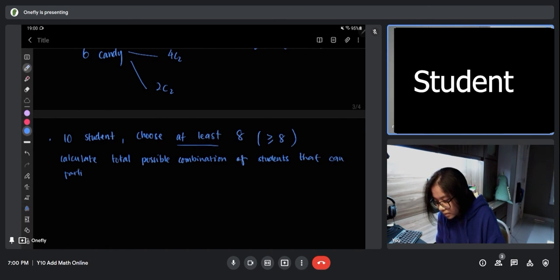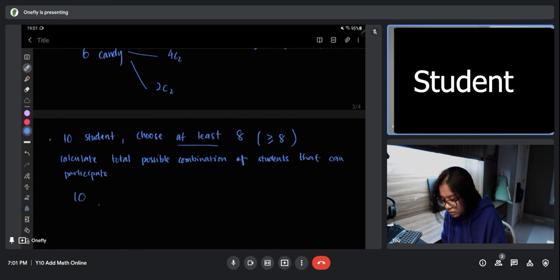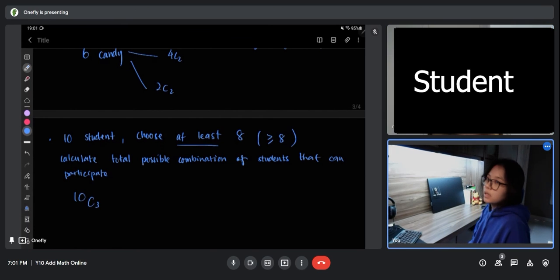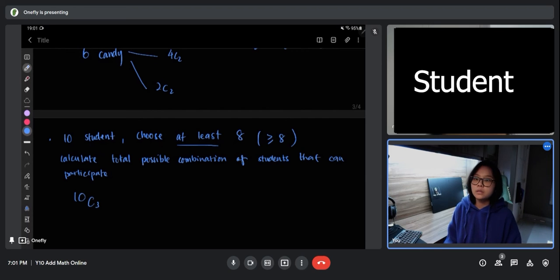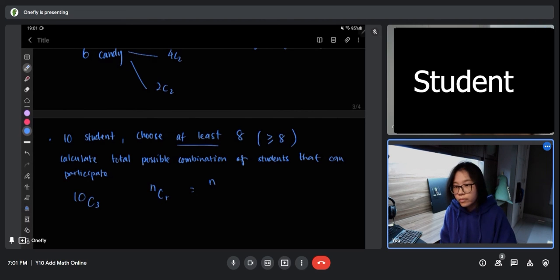10C3. How do you get 10C3? 10 people in total. No, because like I said again, in nCr, N is everything you have, R is everything you need.